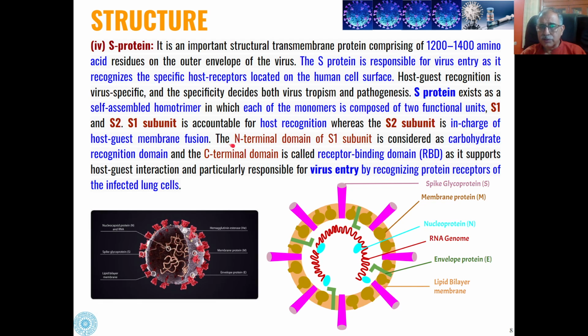So both the N part and the C part of the amino acids in the S1 subunit will be used for different purposes: one for carbohydrate recognition and the other for receptor binding. And this receptor binding is particularly responsible for virus entry by recognizing protein receptors of the infected lung cells.